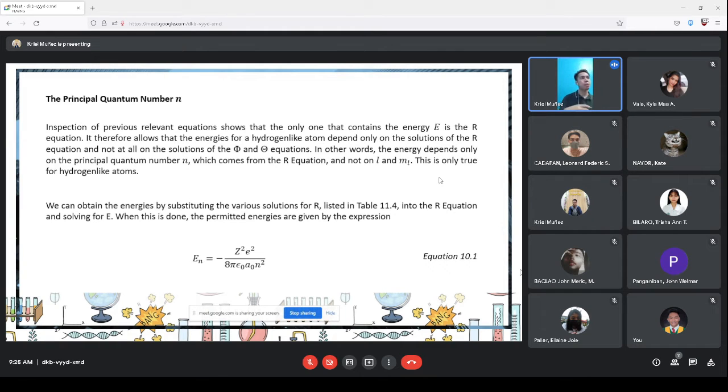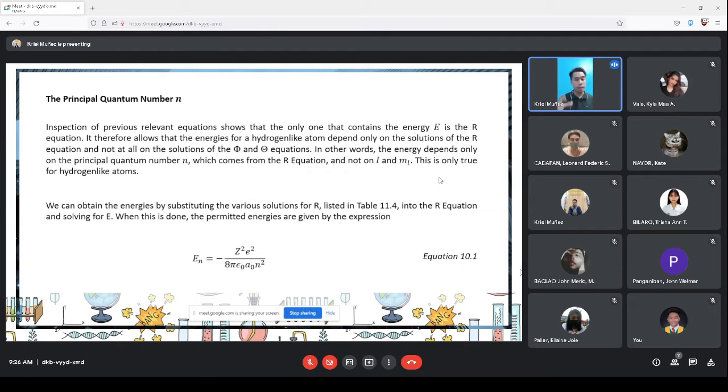The reason kung bakit applicable lahat ng discussions natin just for the hydrogen-like atoms is because for a hydrogen-like atom, we only have one electron, and that electron revolves around a solid body, which is the nucleus. So regardless kung gaano kadaming protons and neutrons meron doon, you have a single body. Okay, so yun yung nucleus natin. And then you have another single orbiting body, so around the nucleus, which is your electron.